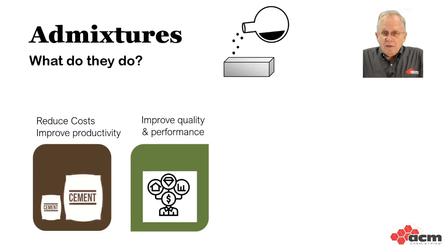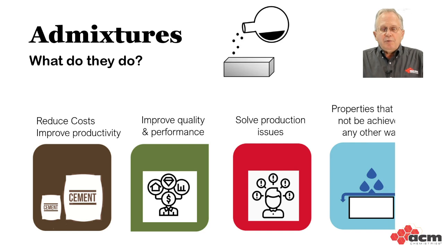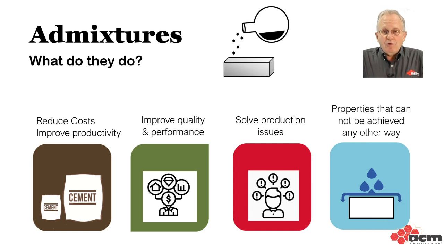We can use admixtures to help overcome difficulties in production. For example, helping the concrete to stay workable and not stiffen up early in very hot weather. Finally, we can use admixtures to help us achieve properties we cannot get any other way, such as when we make water repellent block.